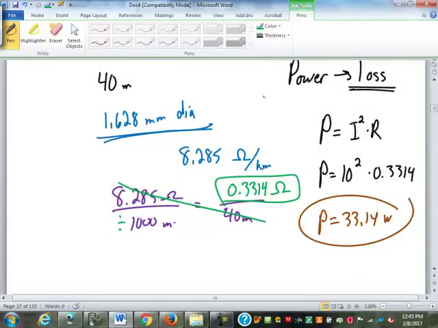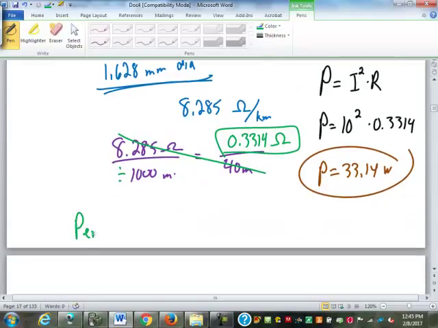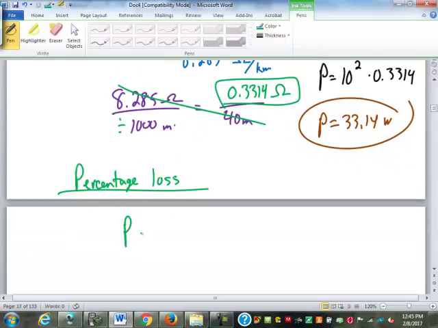We can actually use that to find a percentage loss. Assuming this is a 110 volt circuit, because 14 gauge wire wouldn't be used for 220, the power produced in the circuit is going to be simply that 10 amps times 110 volts.